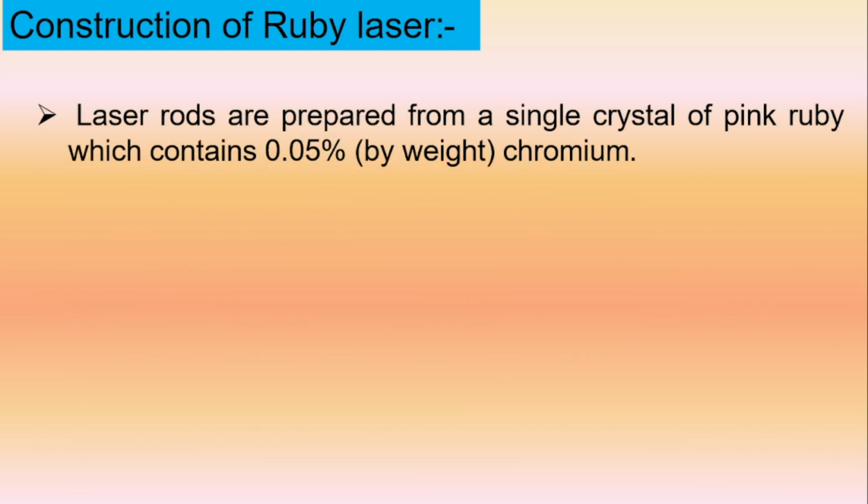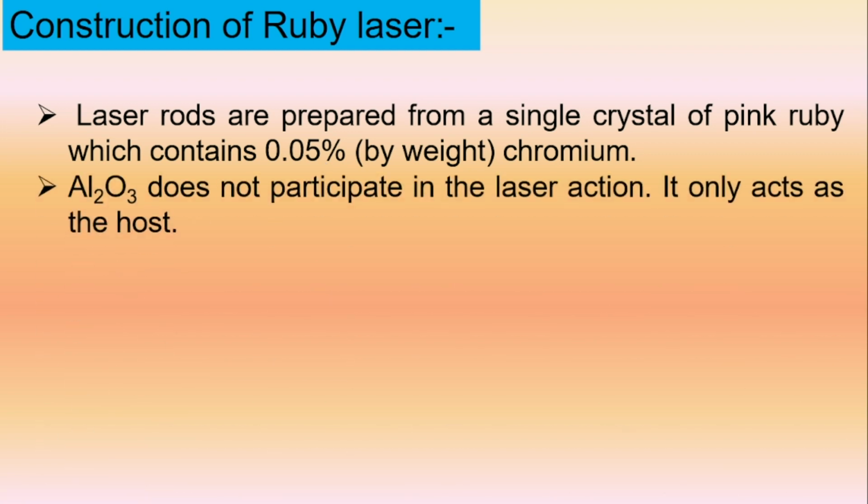Now let us see again the construction of ruby laser. Laser rods are prepared from a single crystal of pink ruby which contains 0.05% by weight chromium. That means chromium ions are doped in 0.05% amount by weight. Aluminum oxide does not participate in the laser action; it only acts as the host material.